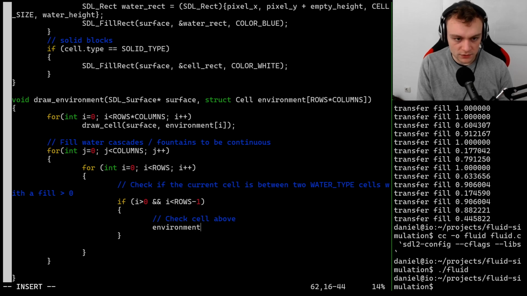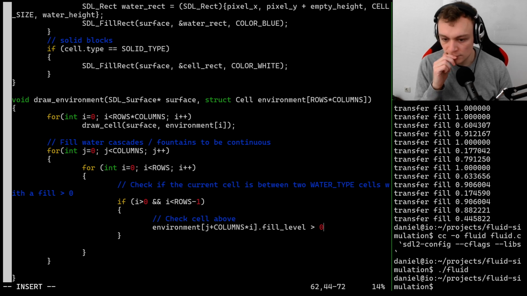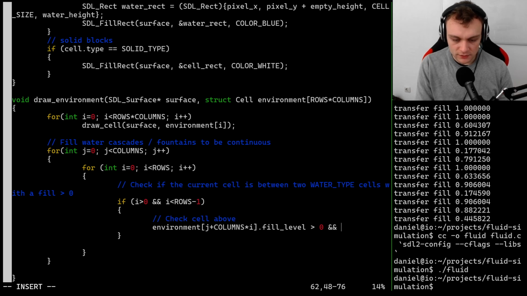Environment, add j plus columns multiplied by i dot fill level bigger than 0, and the current cell's fill level must be bigger than 0 as well.